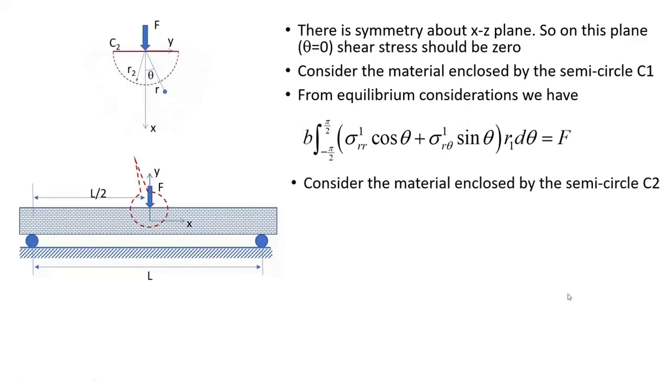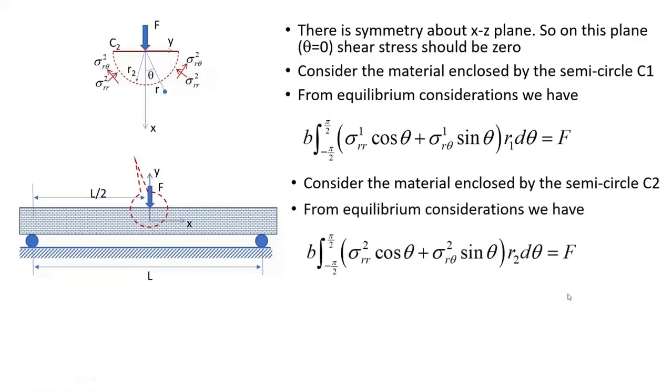Now, if I consider another circle C2 as shown here and the material enclosed by C2 and the top surface, again on this surface C2 there will be a distribution of stress as shown like this, sigma rr 2 and sigma r theta 2.